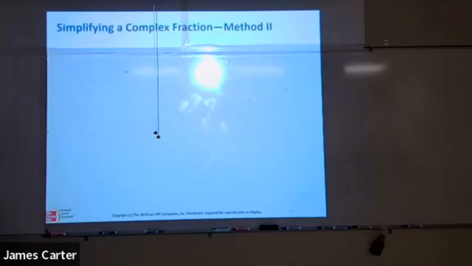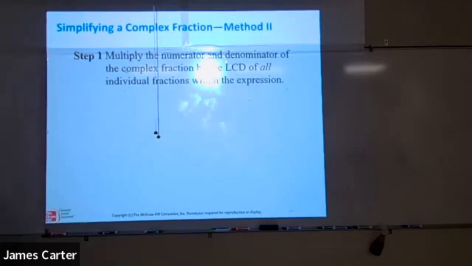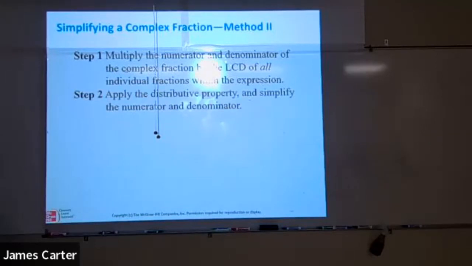Okay, now, method 2, they're just basically saying what I told you to do. Here it talks about all individual fractions, which means multiply the numerators by that common denominator. What I've been showing you is what this method 2 is.